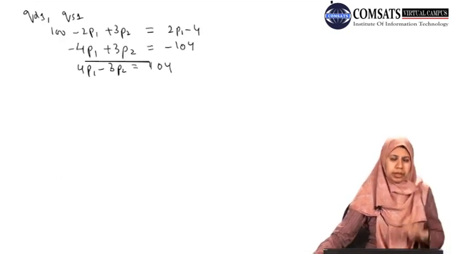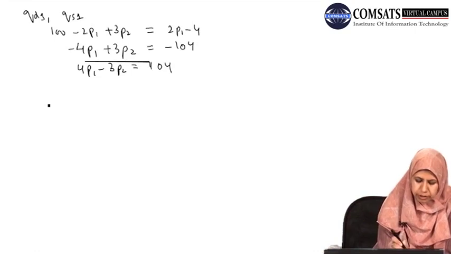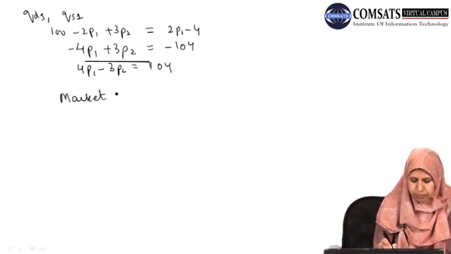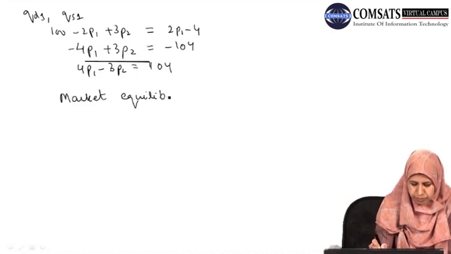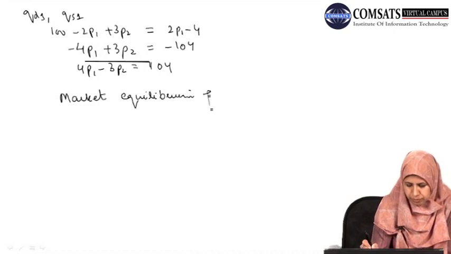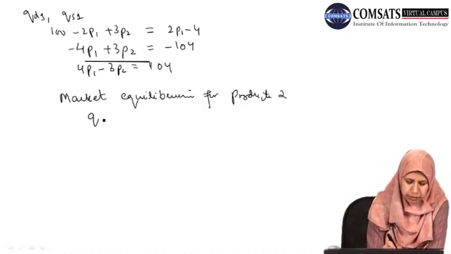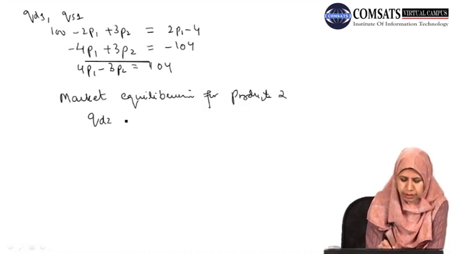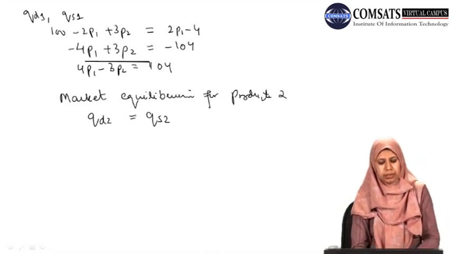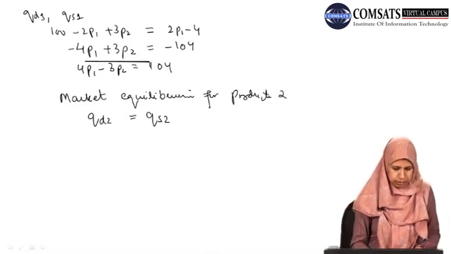Okay, now the market equilibrium for product 2. It will exist when the demand function for the second product is equal to the supply function for the second product.